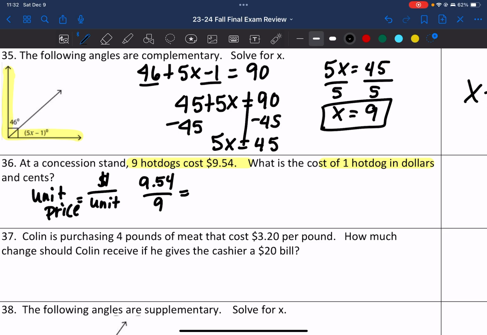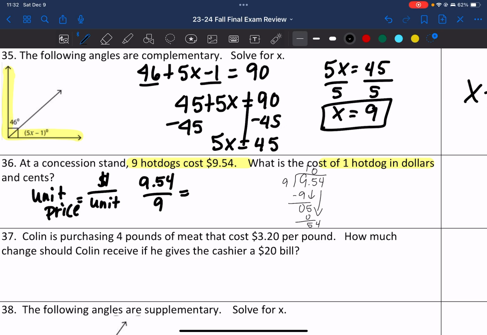So here, let's go ahead and do that math. $9.54 divided by 9. 9 can fit into 9 one time. So that'd be 9. 0 here. It cannot go into 5, so that'd be 0. But can it go into 54?